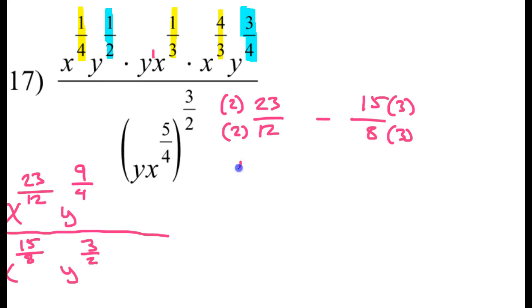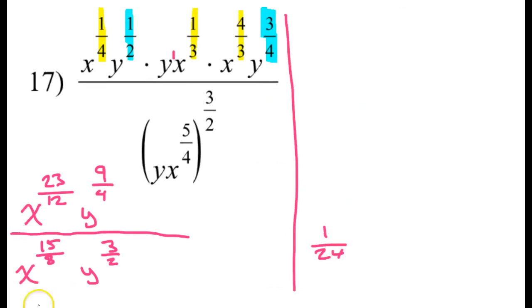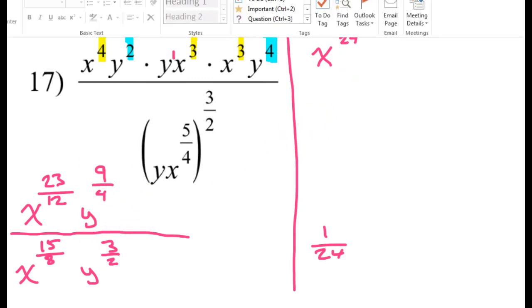So I'm going to have 46/24 minus 45/24. So that's 1/24. So remember, that was the x's. So now I have x to the 1/24 power.